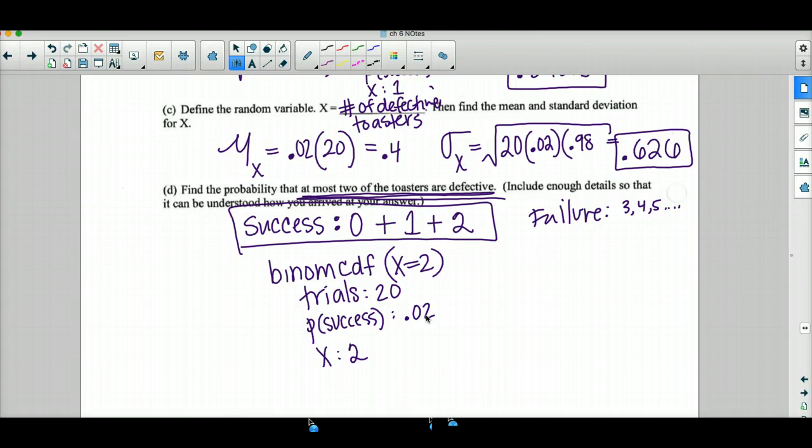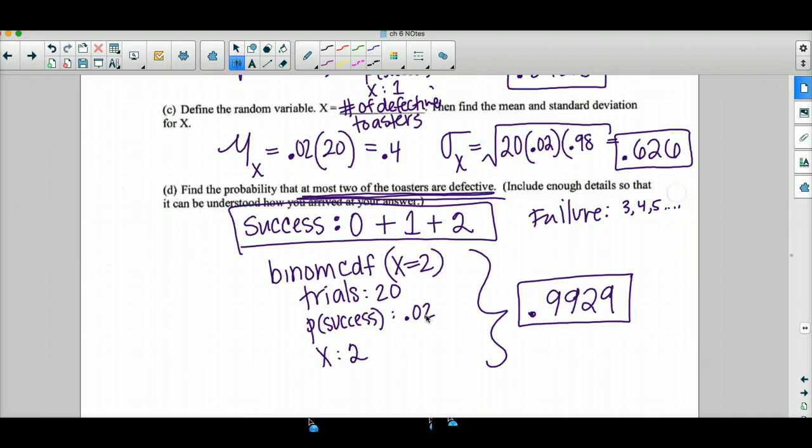My calculator will do it for me when I tell it CDF. 20, 0.02 and 2. And the probability of this happening, of finding 2 or less, is 0.9929. Yes? Okay. We're getting close to being done.